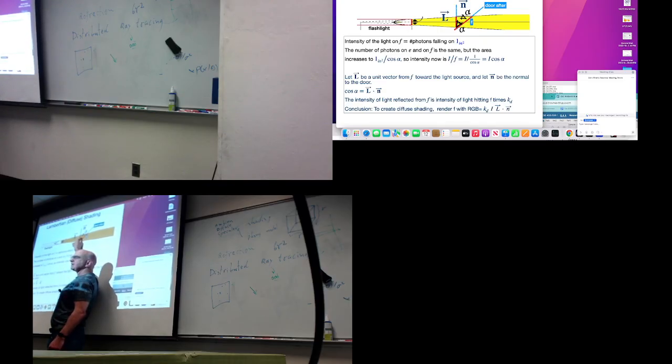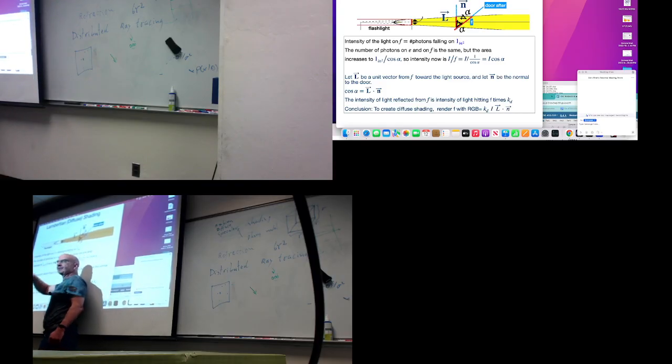By how much is this larger? So what is the ratio of the area of the door closed, where its normal was pointing directly to the light, versus the door semi-open, creating an angle of alpha? Well, do the math. This area is enlarged by 1 divided by cosine alpha. This is cosine alpha, or this length equals this length divided by cosine alpha.